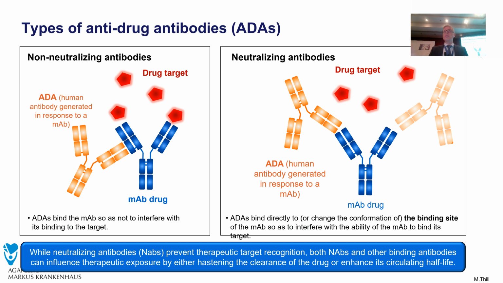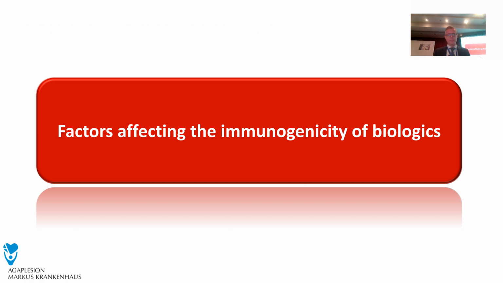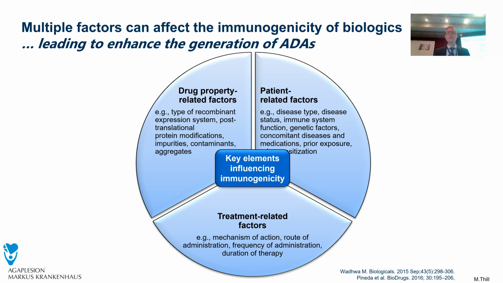All in all, we can define non-neutralizing antibodies and neutralizing antibodies, but both types of antibodies can affect the efficacy of our medicinal products. Factors affecting immunogenicity can be drug-related, patient-related, and treatment-related, and all these different factors can influence immunogenicity.